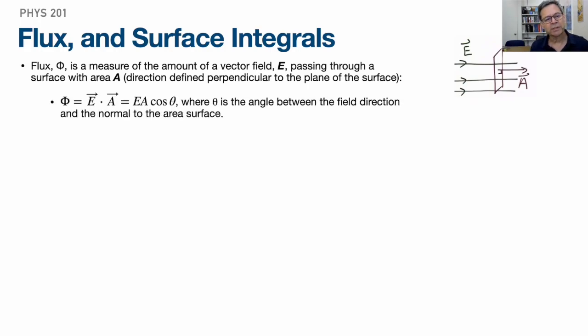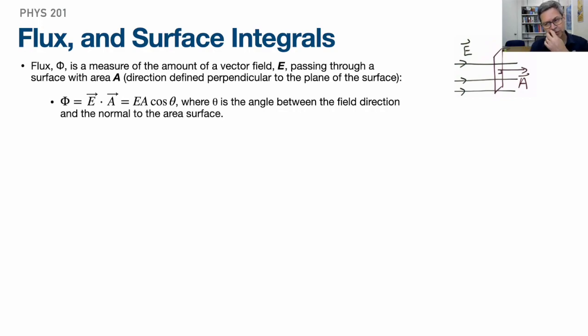More specifically, the flux, which I will label by the uppercase Greek letter phi, we can write as the vector dot product between the vector field, in this case the electric field E, and the area vector A. And that dot product in magnitude, as you may recall, is the magnitude of the two vectors, E and A, times the cosine of the angle between them.